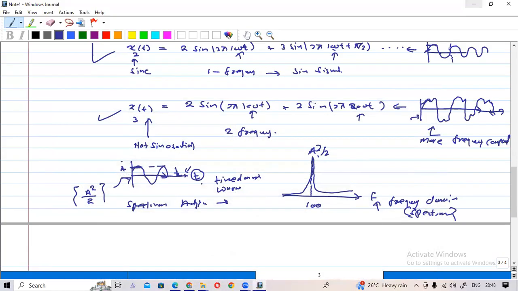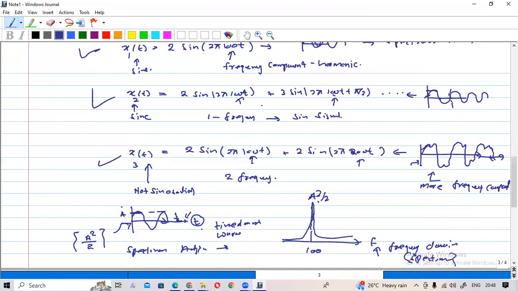Now tell me, if you send these two signals to a spectrum analyzer, what kind of spectrum will you get? By looking at this, we can't say the amplitude.